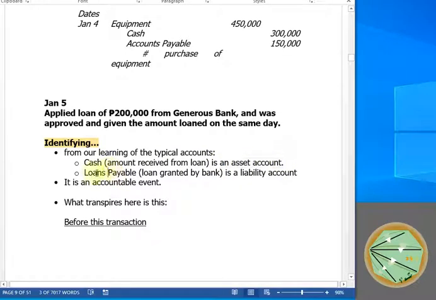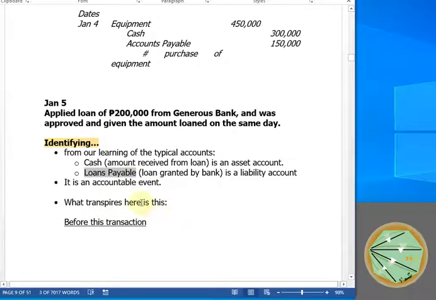Okay? So the next one is loans payable. The loan itself that was granted will represent a liability on the part of the company, because obviously this loan will be paid, and the liability, as to nature, emanates from a loan, so it would be more representative if we use the account title loans payable.